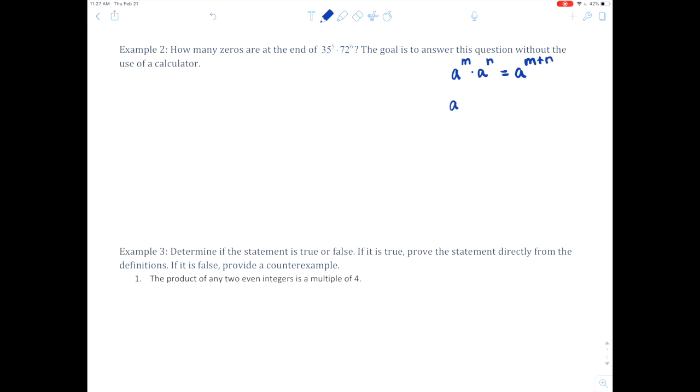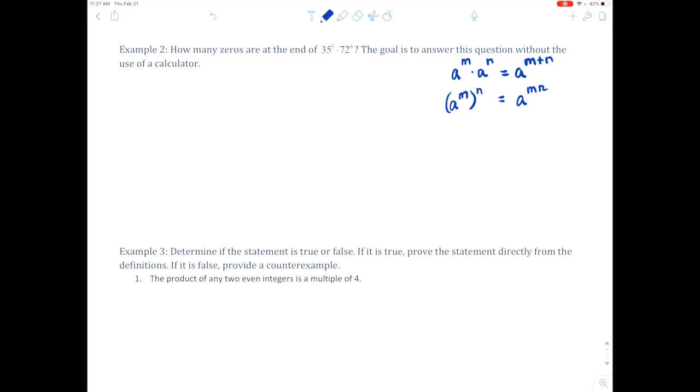And we'll be using a to the m raised to the n is equal to a to the m times n. Yeah, we'll be using that one.